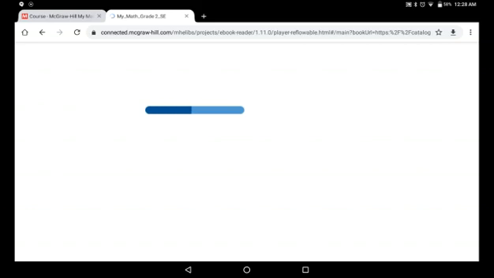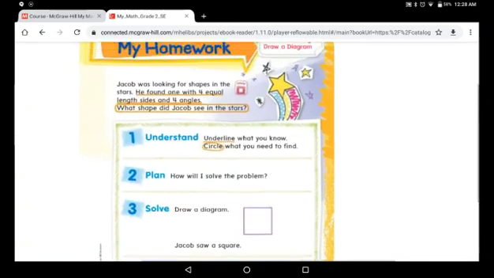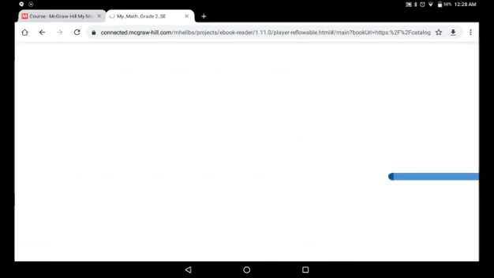This is the homework. Let's go back 1 page.